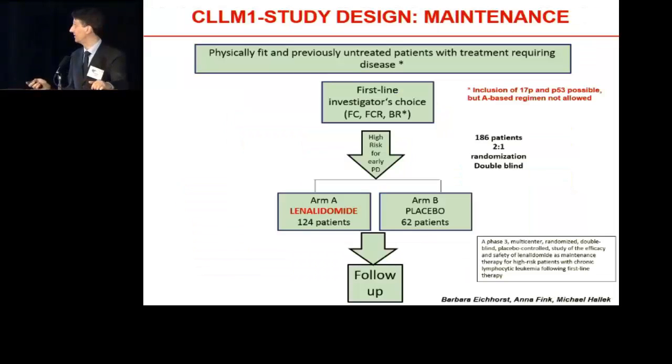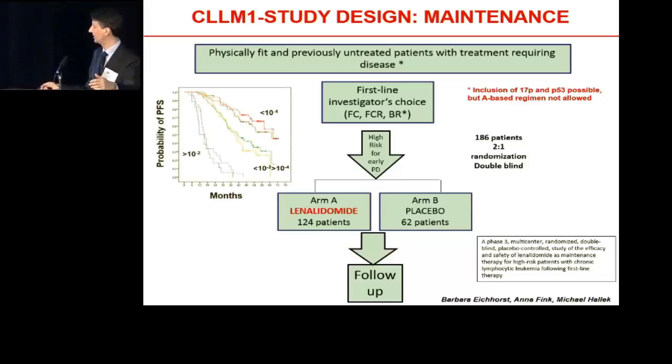And similarly, this German study, where also Italy is strongly implicated, where the patients who reached a complete remission or a partial remission with MRD still positive can be consolidated with lenalidomide, and these are the patients who do not reach 10 to the minus 4 level after the first line therapy.